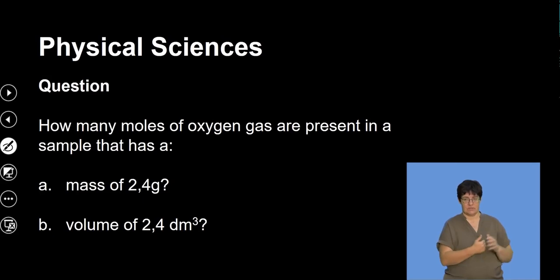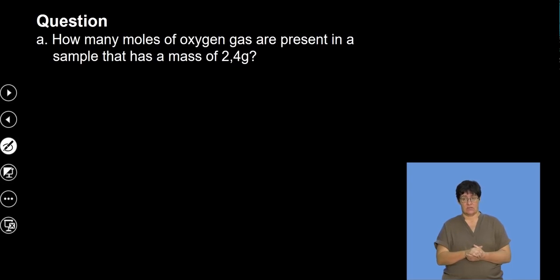Now the question says: how many moles of oxygen are present in a sample that has 2,4 grams? We want the moles, which is the quantity, and we know that each mole has 6,02 times 10 exponent 23 particles. Moles, sometimes called the number of moles, is the mass of the sample divided by the molar mass.